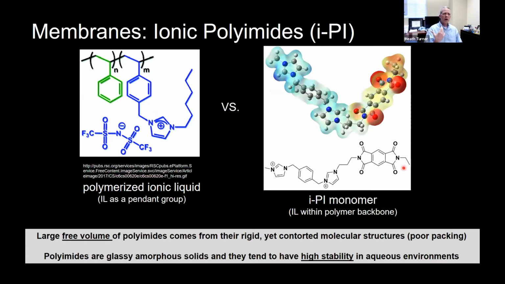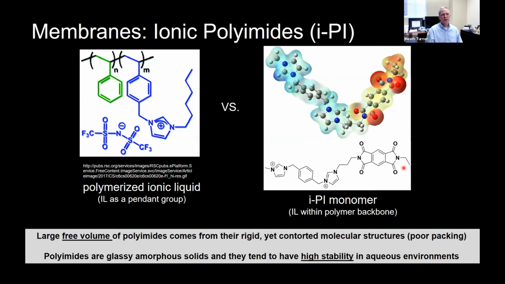What we're able to do is take some of these adsorption sites and functionalities and build them into these ionic polyimides. One of the distinguishing features of these polymers: people have looked at different types of polymers in the past, and there are a lot of variations, but in these particular applications we're looking at ionic polyimides where the charge is in the backbone.